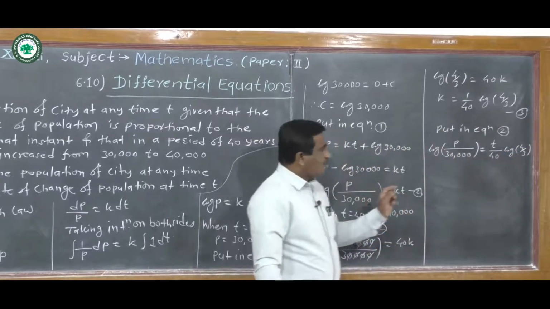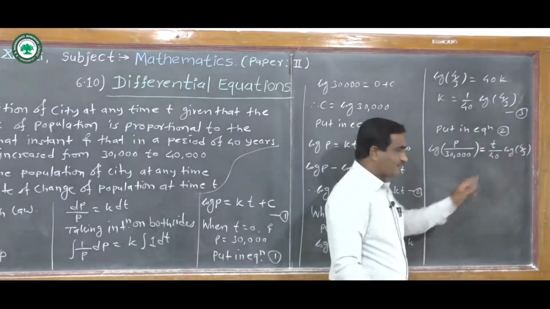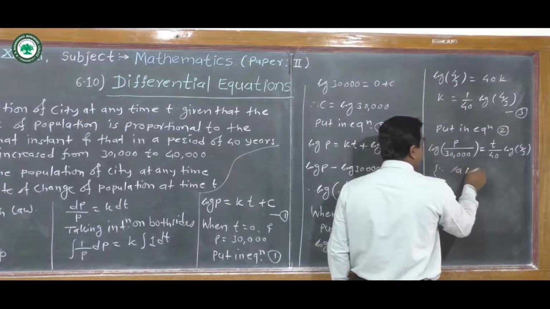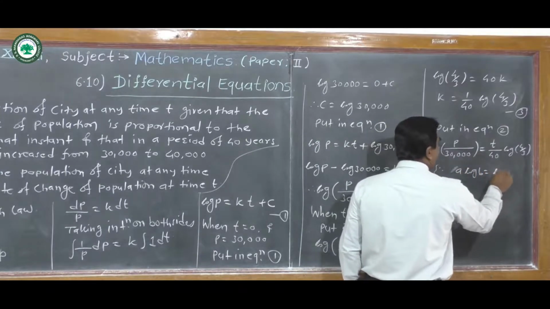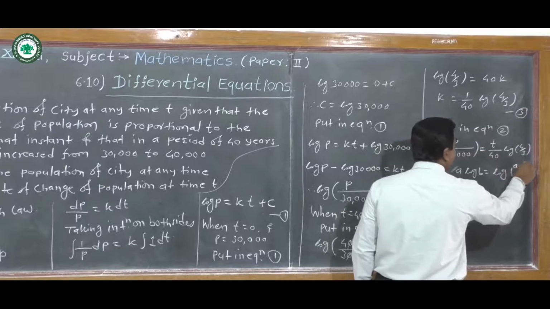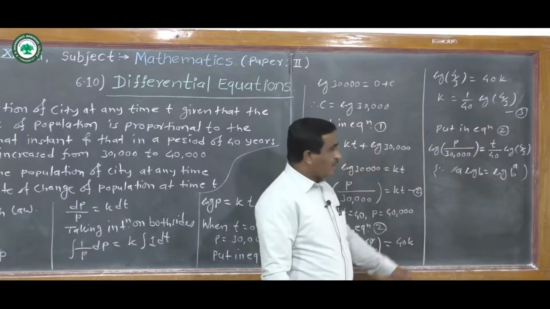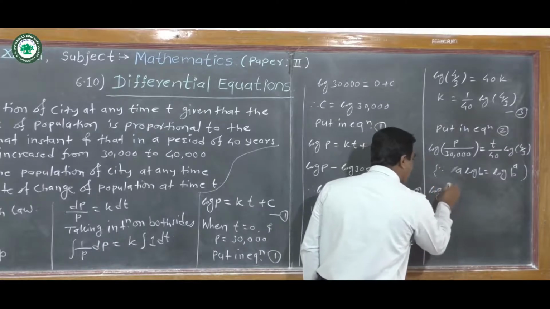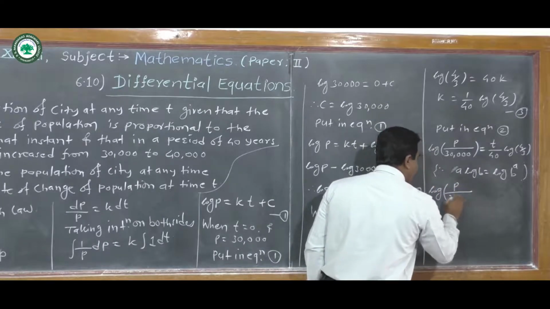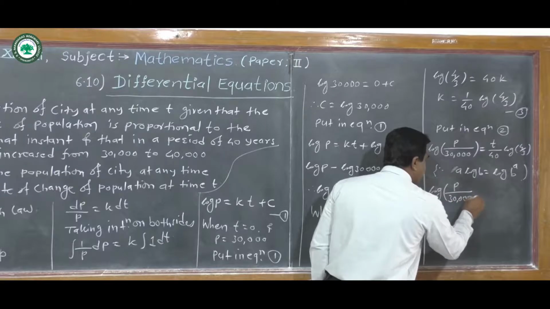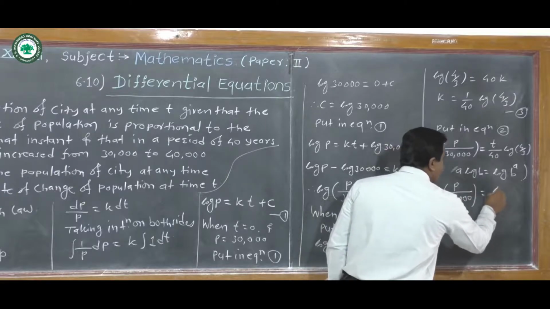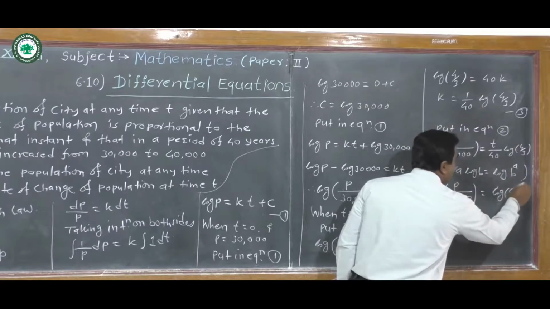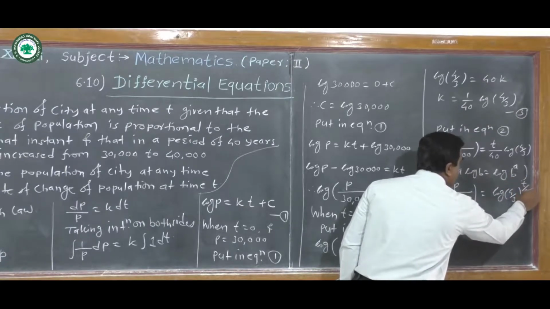Okay, now we can use here a formula for logarithm again. Since a into log b is equal to log of b raised to a, using this formula we can write log of P upon 30,000 is equal to log of 4 by 3 bracket raised to t upon 40.